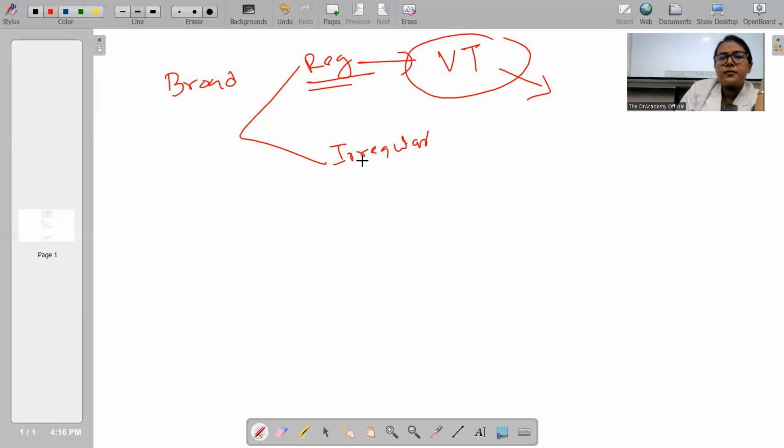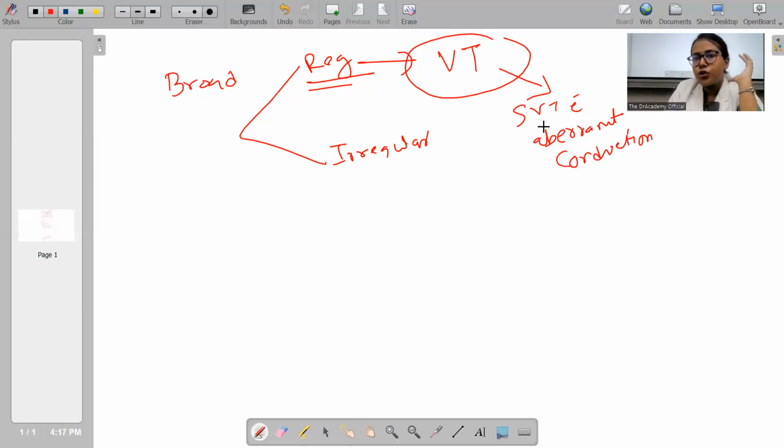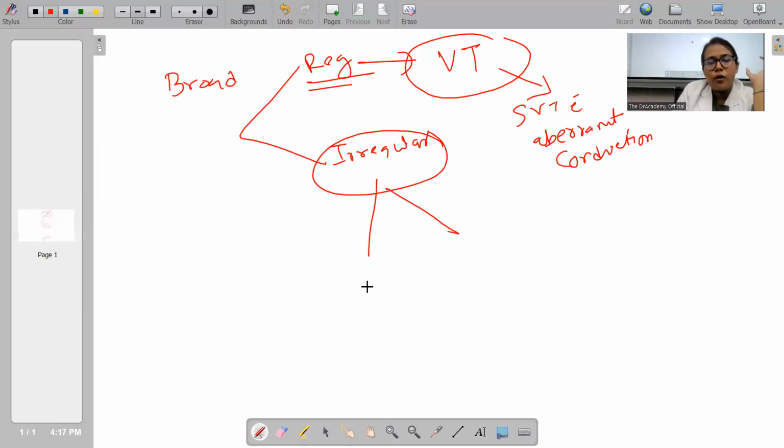Number two, the other differential for the regular broad complex would be SVT with aberrant conduction. But then again, if you're not sure whether this is a ventricular tachycardia or supraventricular tachycardia with aberrant conduction, do treat it as a ventricular tachycardia, because in that way you will be able to save a person's life. Okay, and the irregular one, if it is broad complex, then consider two possibilities, okay?